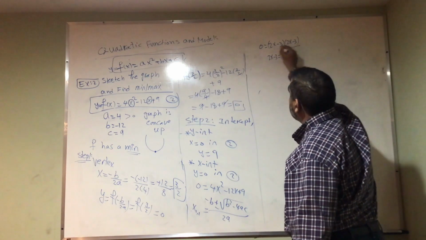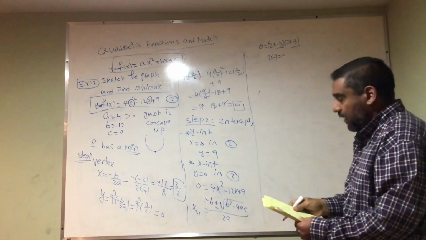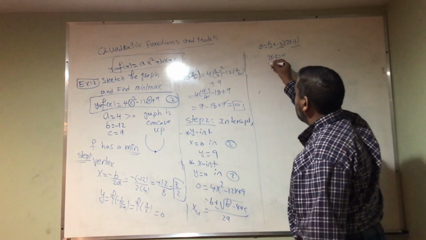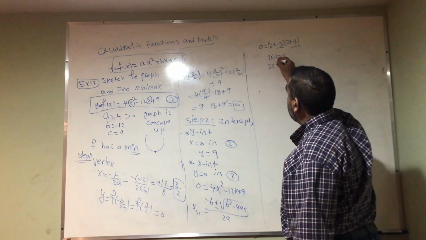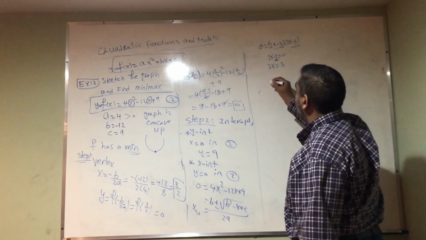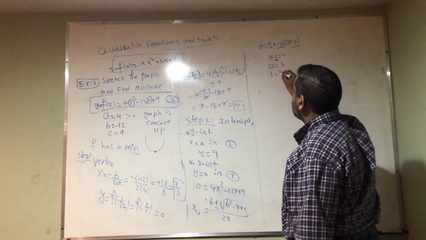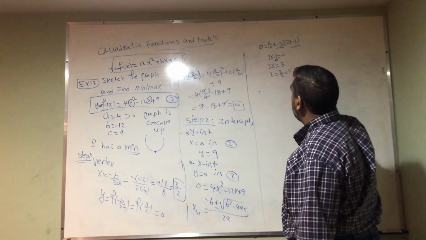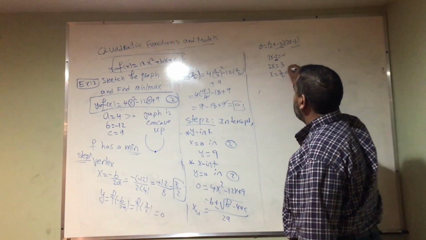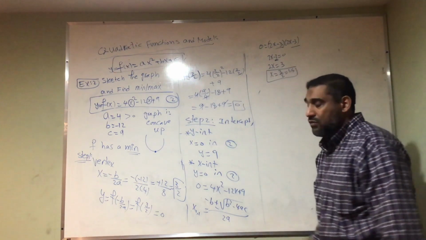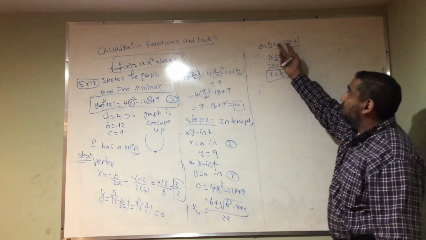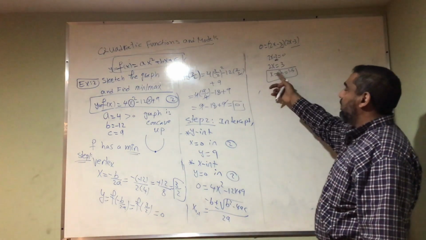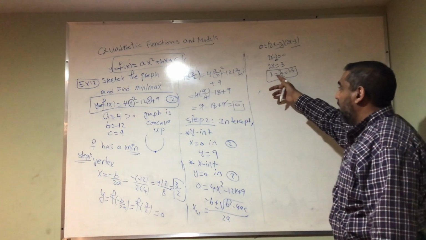It turns out it's repeated here. 2x minus 3 equals 0, which means 2x equals plus 3. So what is your x? 3 over 2, which is 1.5. That is the value where the graph crosses the x-axis. You have 2 values here, but it's repeated twice, so it's enough for graph 1.